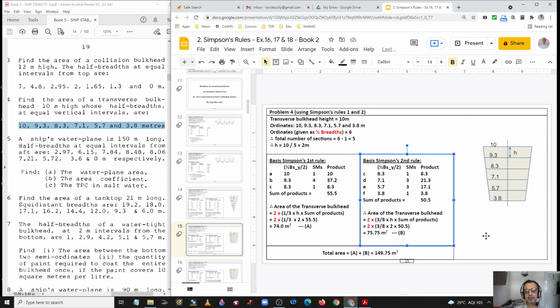Basis first rule, we have the area equal to 74 square meters. And basis second rule, for ordinates C, D, E and F, we have the area equal to 75.75 square meters. Therefore, the total area works out to 149.75 square meters, sorry.